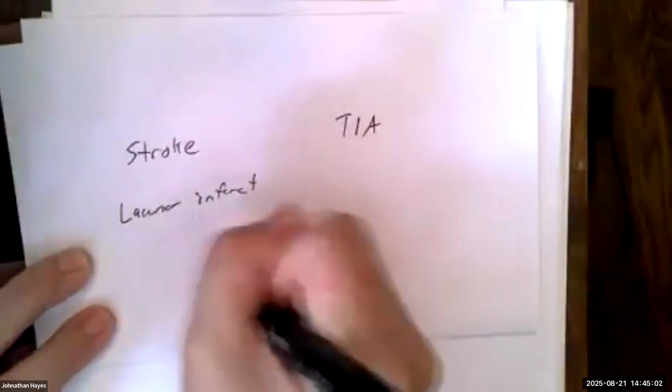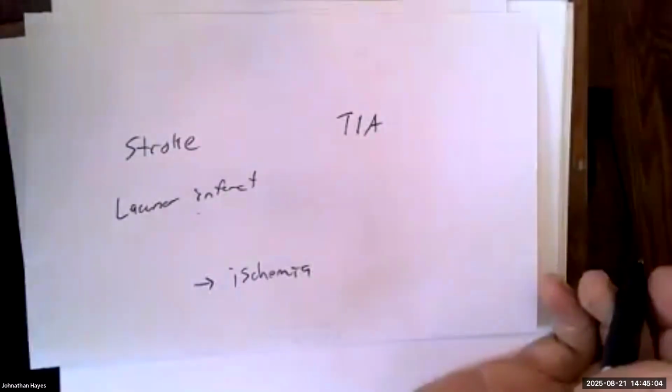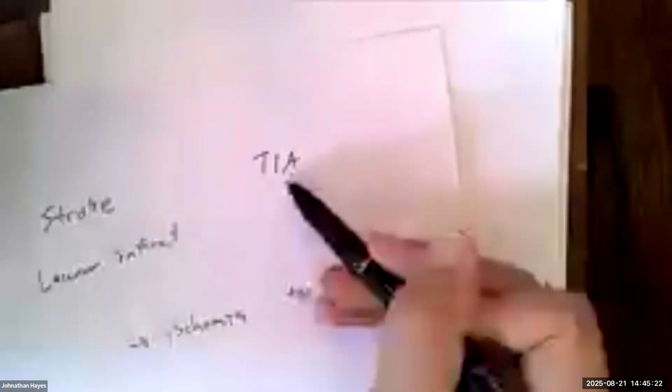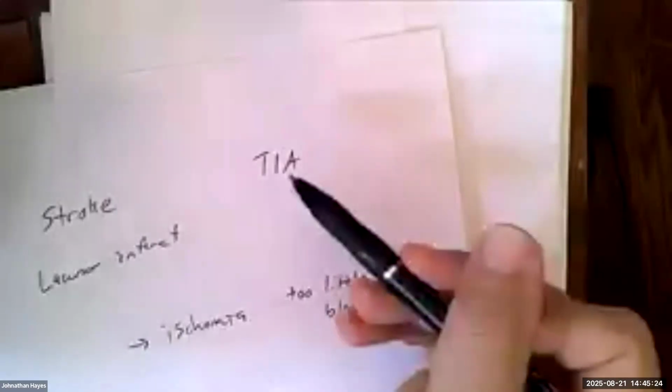Remember, ischemia we talked about in heart discussions. Ischemia is where you have too little blood flow or too little blood supply to metabolic demand. So let's say that's temporary and the blood eventually returns in time, then it's a transient ischemic attack. You had ischemia, but eventually the blood returned.